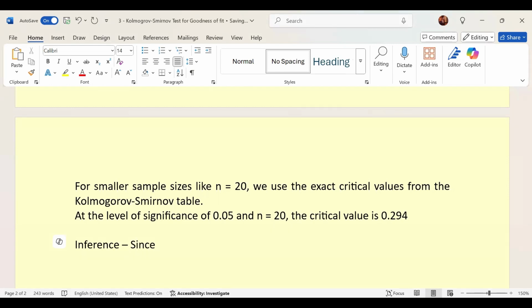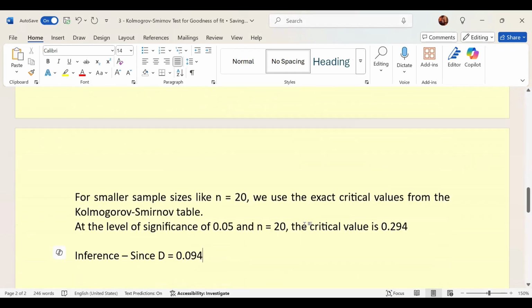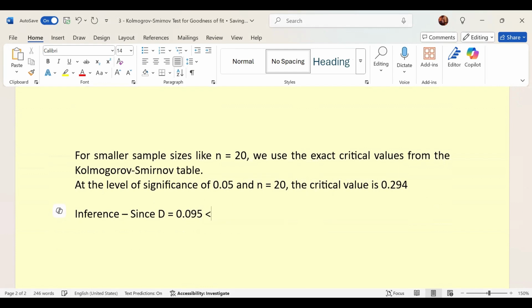Since the calculated value D, which is equal to 0.095, is lesser than the critical value, which is 0.294, we fail to reject the null hypothesis.